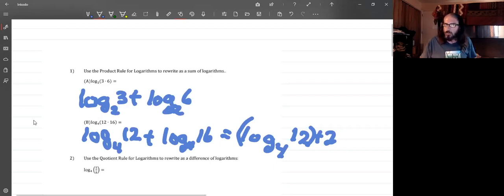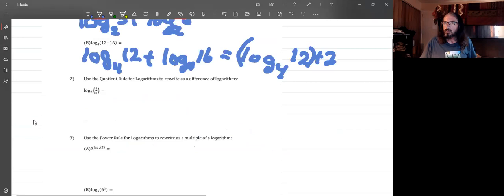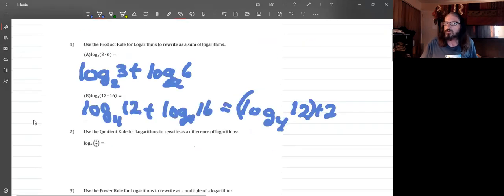Now in part 2, we're supposed to rewrite using the quotient rule for logarithms to rewrite as a difference of logarithms. And I'm going to need to enlarge this a little bit. It zoomed out a little too far for my poor eyes.